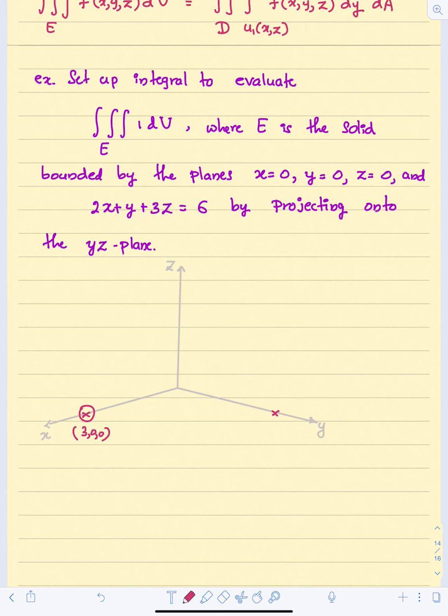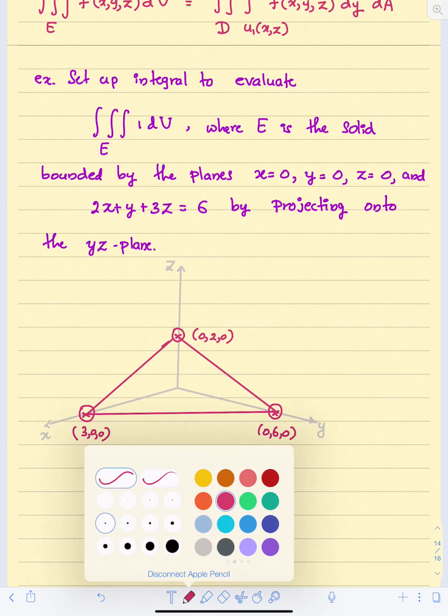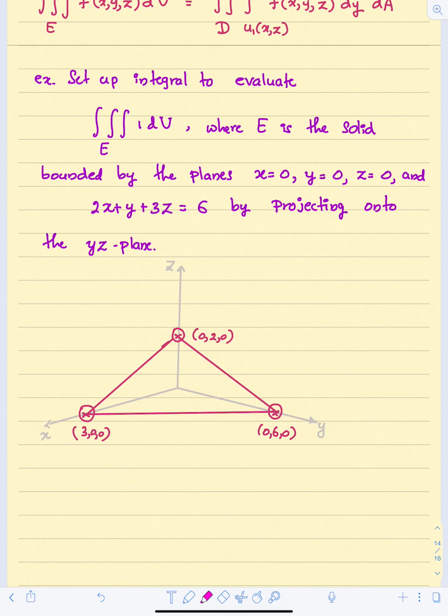You will get y equals 6. (0, 6, 0), and finally the z-intercept equals 2, because 3z equals 6, this is 2. Now we have this plane, and our solid E is this tetrahedron.